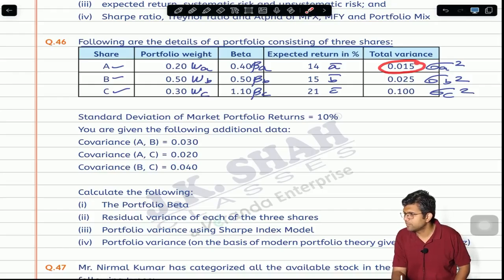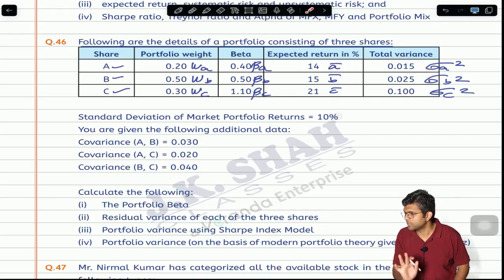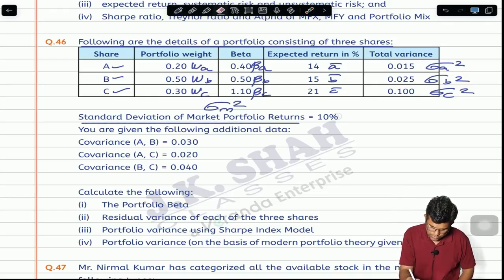You're understanding, no? But ICAI has solved the whole question using these numbers only. So you stick to that. Everybody clear? We'll stick to those numbers only. Which means when the standard deviation of market return comes, sigma m, sorry, not square, we will be using not 10 but 0.1.